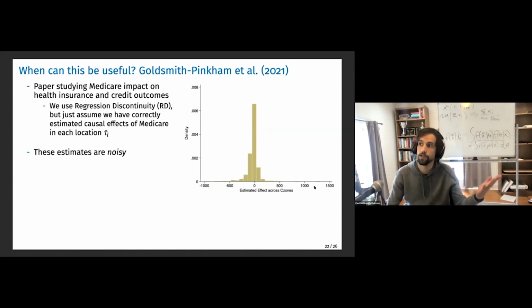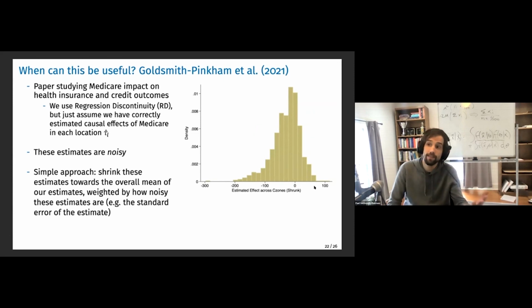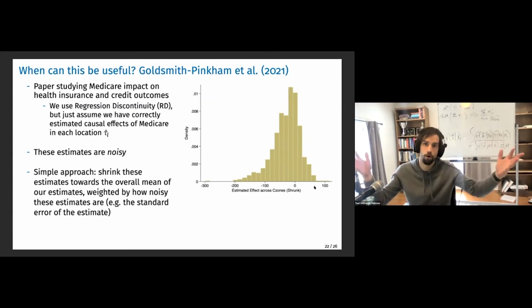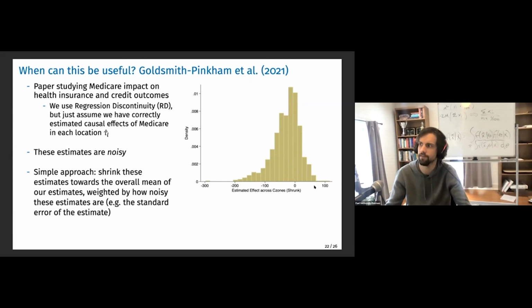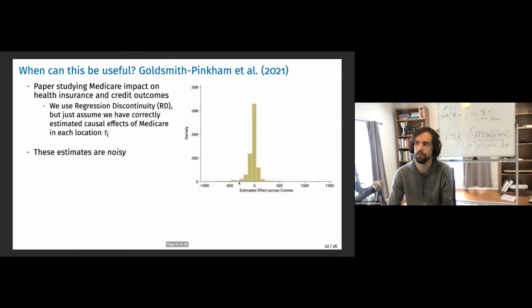So what do you do? Well, you can shrink these estimates towards the overall mean of our estimates, weighted by how noisy the estimates are. If you think about the overall variation versus the standard error of our estimates, you want to trade off based on that. That's what we get here. This is a very simple version of empirical Bayes shrinkage. And you can see the difference.